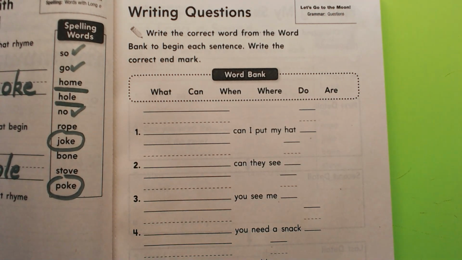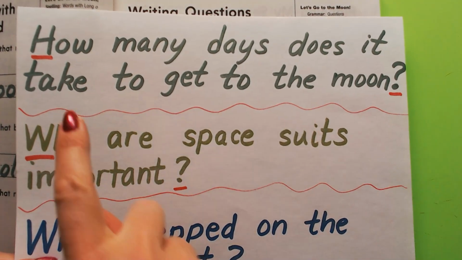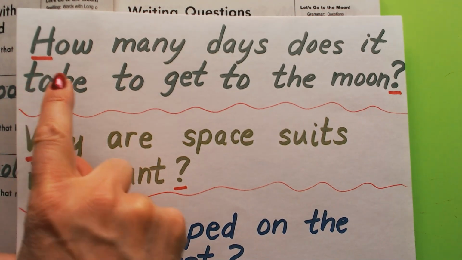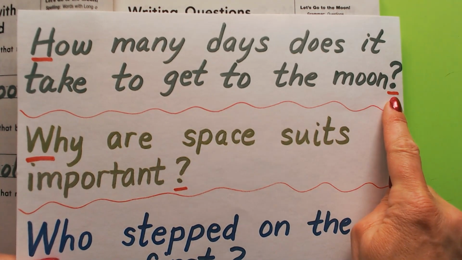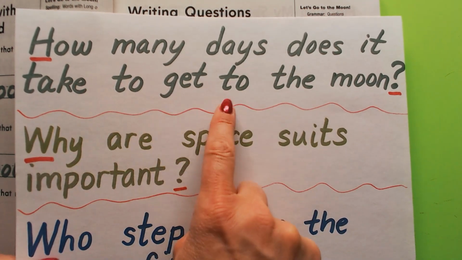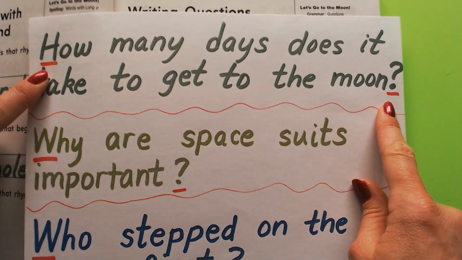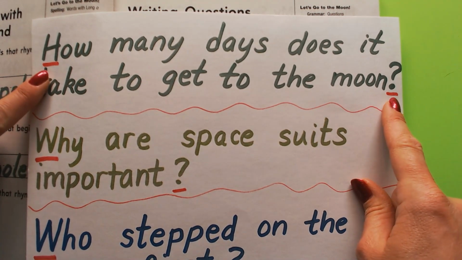I have some examples right here. So these are questions. They begin with capital letters and they end with question marks. How many days does it take to get to the moon? It's a question. Capital letter, question mark, and it's asking something.